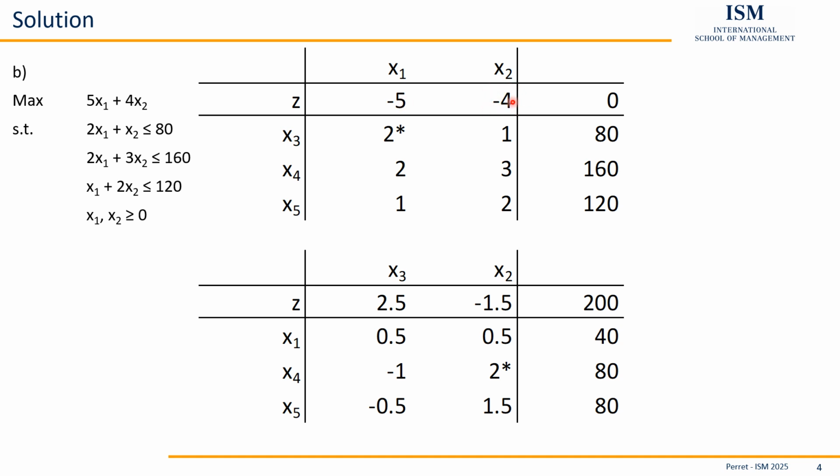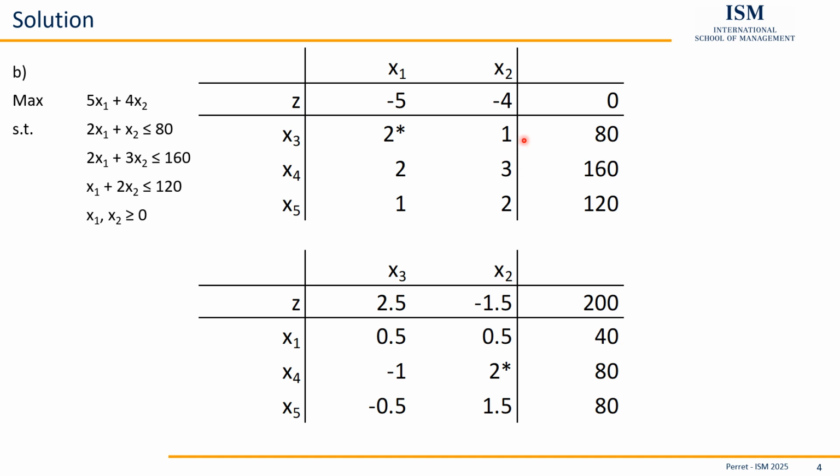Original element minus this corner times this corner divided by pivot element. So here, minus 4 minus minus 5 times 1 divided by 2. Well, I have minus minus, so I have plus. Minus 4 plus 5 half. So minus 4 plus 2.5 gives me minus 1.5.